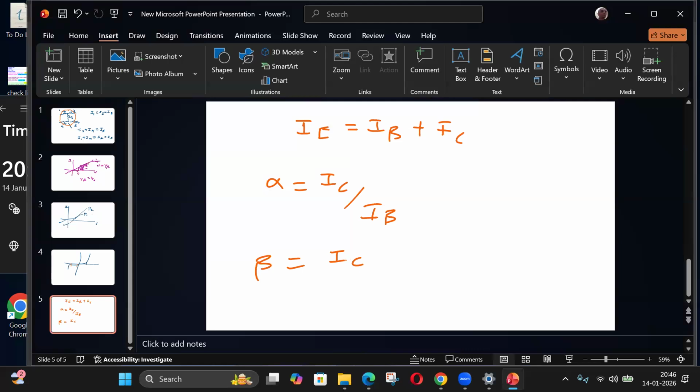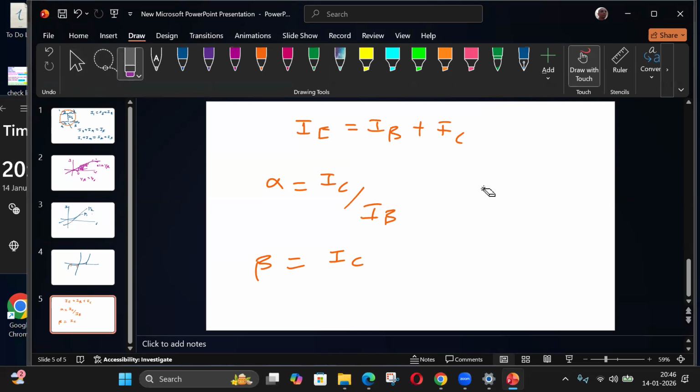Hold on, no, this one is a mistake. This is emitter. Input is emitter in the common base configuration. In the common emitter configuration, input is base current IB.